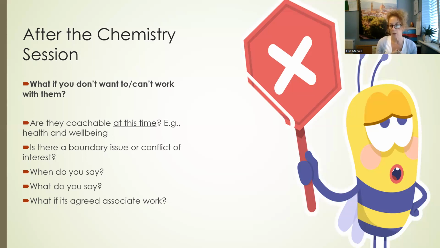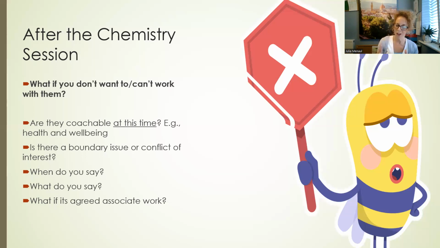So again, this is something to think about for yourselves. Are there organisations you wouldn't work with, irrespective of who it was? So, some people have issues with the tobacco industry or gambling industry, all these sorts of things to think about, so that you are not necessarily put on the spot.